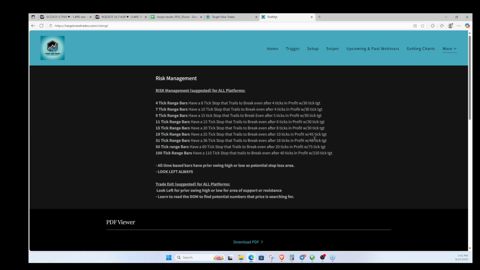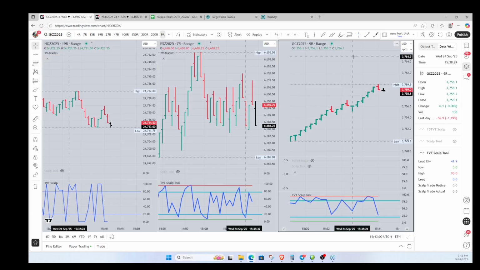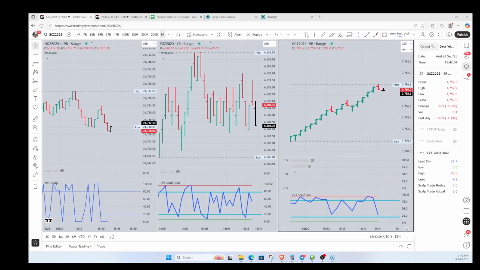The NQ is one I hit the target the most on. But I hit the target a couple times today on other things. I think I hit it on the YM a couple times today. I hit it on gold once today. So, you know, I trail my stop. I usually exit my trades with trailing stops. Okay, the question was, do I ever let trades run, or do I just do scalps?